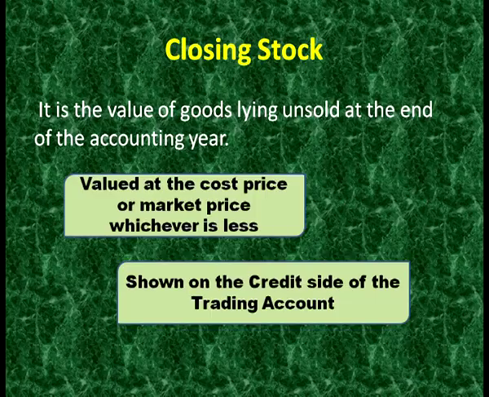What is closing stock? It is the value of goods lying unsold at the end of the accounting year. It is valued at the cost price or the market price, whichever is less. Whichever price is less, it has to be valued on that price only. It is shown on the credit side of the trading account.